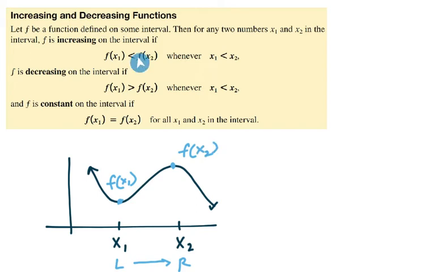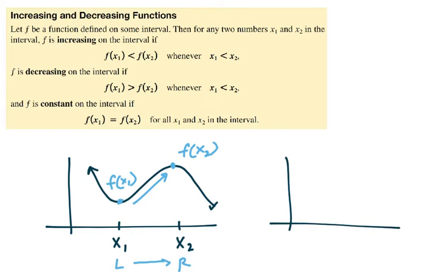And so when we compare this, we notice that the first y value, f of x sub 1, is less than the second y value, f of x sub 2. And we see that the graph is rising as we travel from left to right, from that lesser x sub 1 to the greater x sub 2 value on the x-axis.